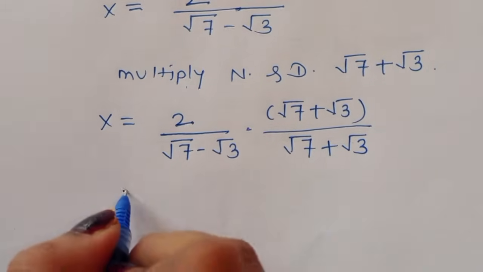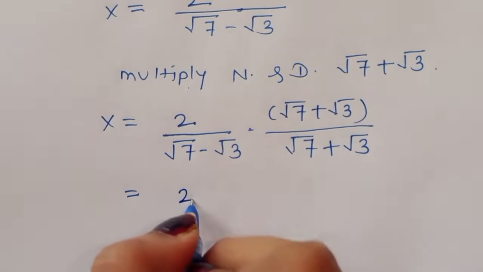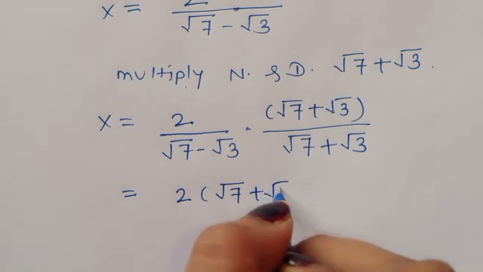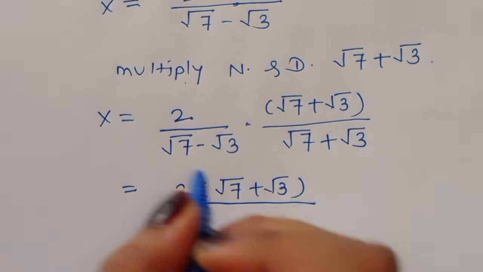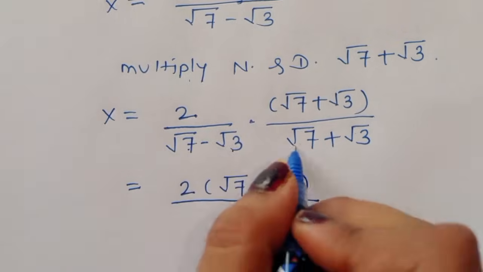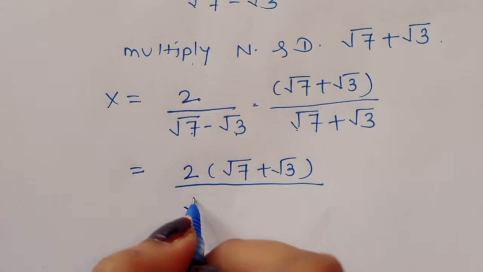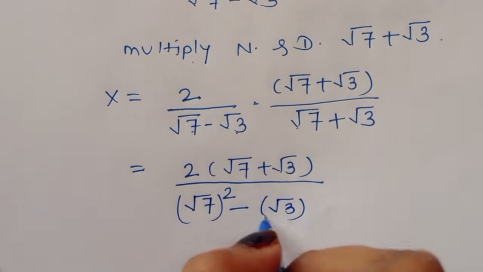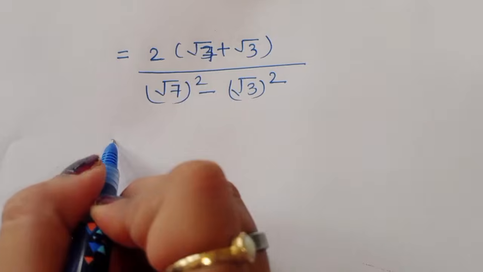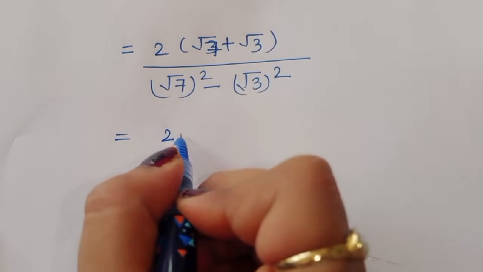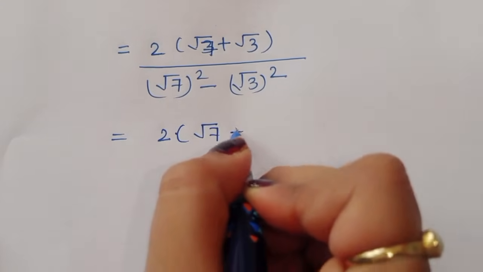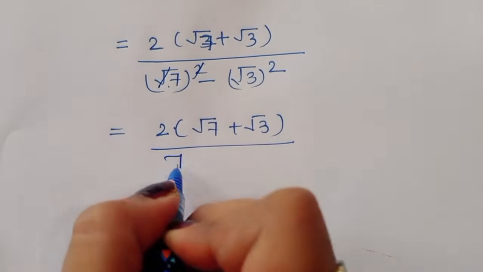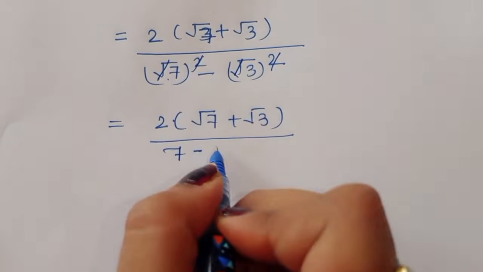Now is equal to, we can write this 2 times square root of 7 plus square root of 3 divided by a square minus b square, this is a minus b, a plus b. So we can write this square root of 7 whole square minus square root of 3 whole square, right? Is equal to 2 times square root of 7 plus square root of 3 divided by, the square is cancelled from the square root, 7 minus 3.